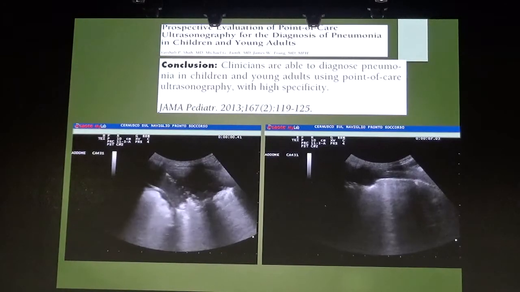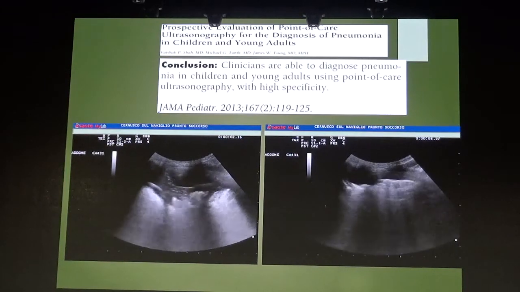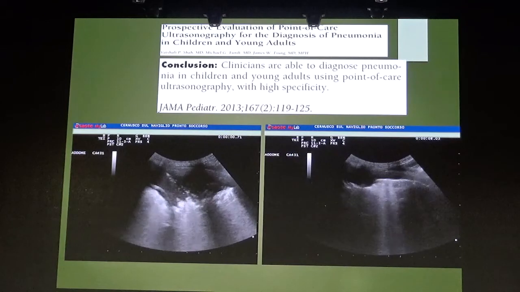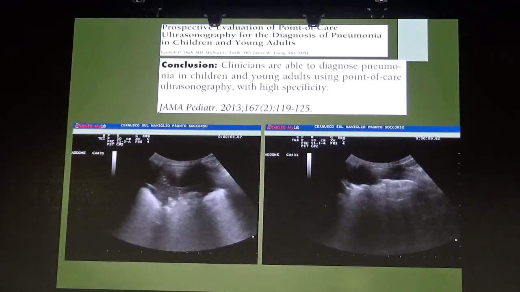This study was, of course, replicated many times and was validated also in pediatric populations. You can see here an example of a pediatric patient, 4 years old, in our pediatric unit.